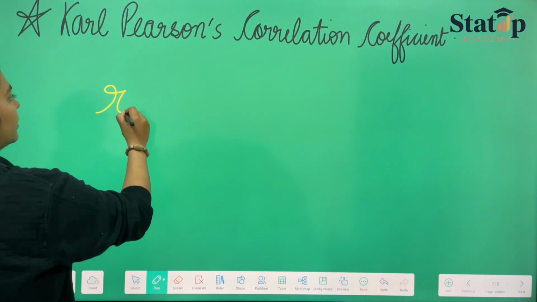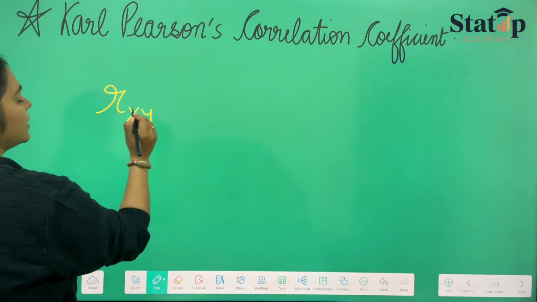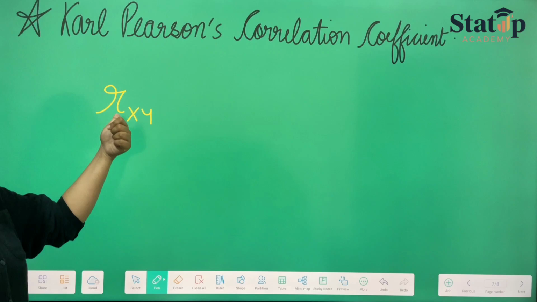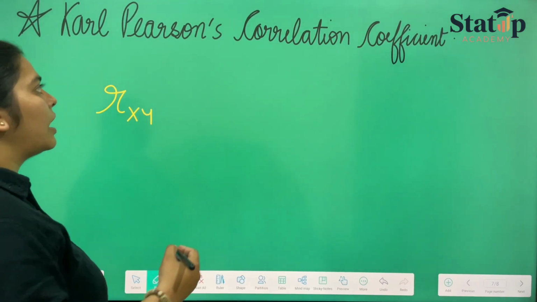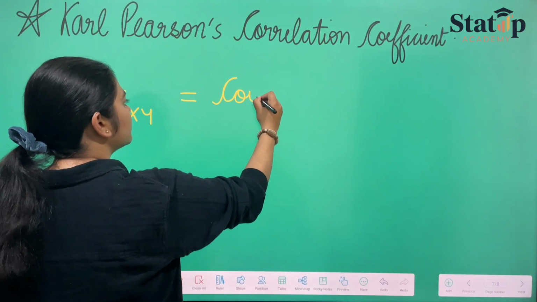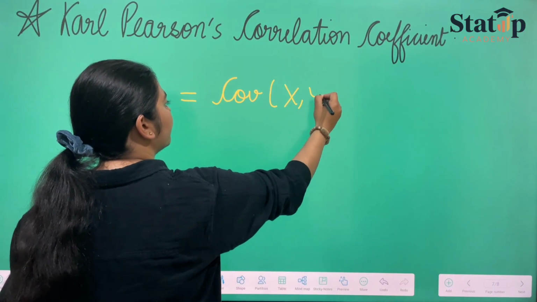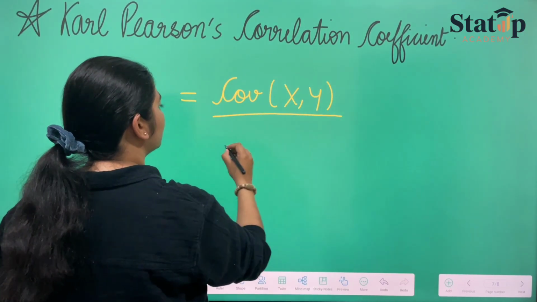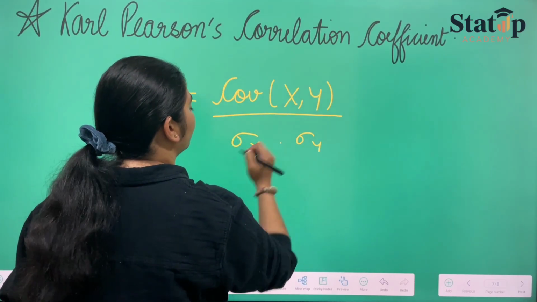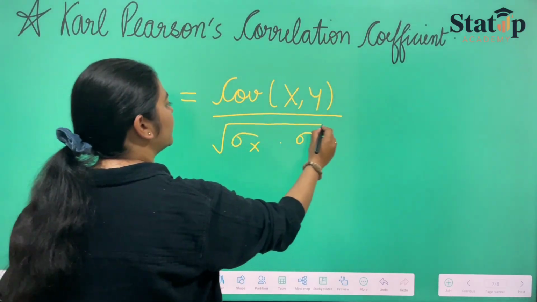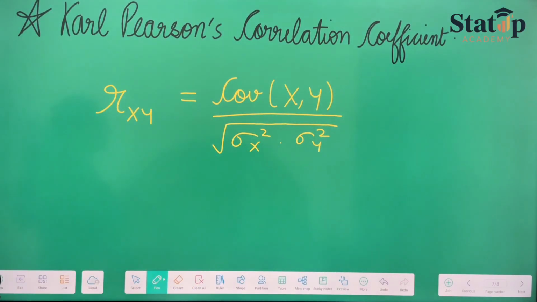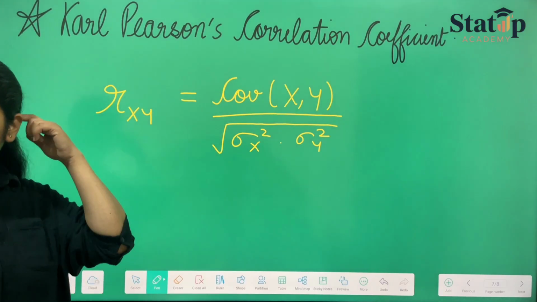We denote it by r, for the two variables x and y. The correlation coefficient between x and y is denoted by r. The Karl Pearson correlation coefficient is equal to the covariance between x and y upon the standard deviation of x into the standard deviation of y, or we can also write it as covariance of x and y upon the square root of variance of x into variance of y. This is our Karl Pearson's correlation coefficient.